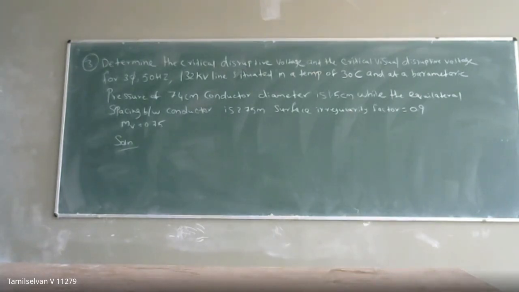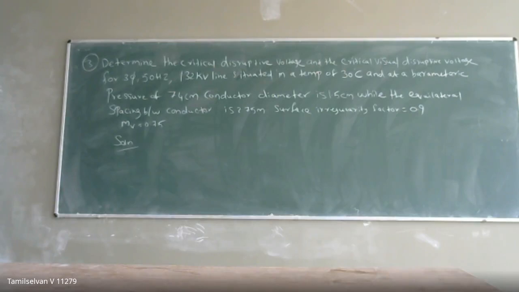Determine the critical disruptive voltage and the critical visual disruptive voltage for a 3-phase 50 Hz 132 kilovolt line situated at a temperature of 30 degrees Celsius and a barometric pressure of 74 centimeters.